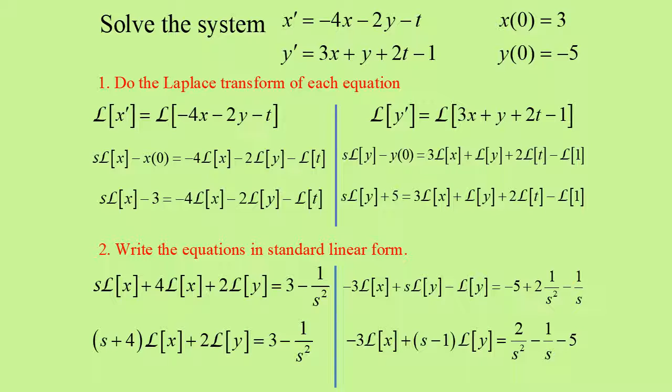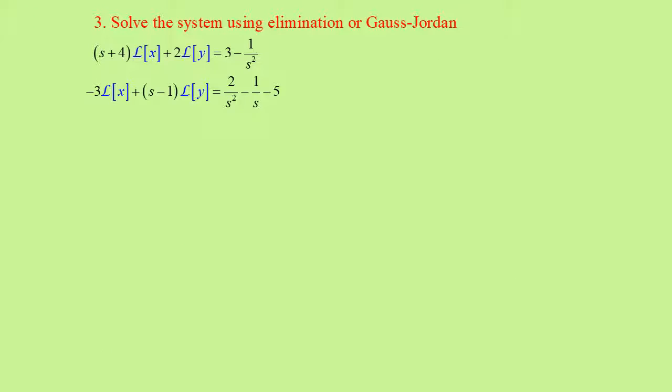Okay, so let's see what our system looks like now. So solving for Laplace x and Laplace y at this point is no different than what we just did. Now it's going to involve a little bit more typing because we got a lot more stuff here than we did in the first one. However, the TI-89 calculator can handle it just fine.